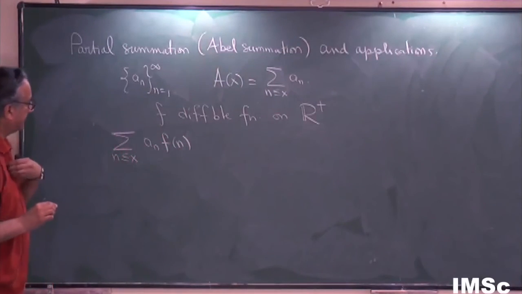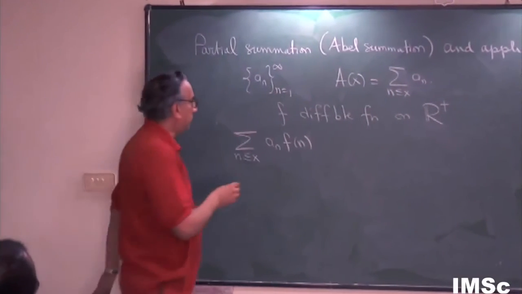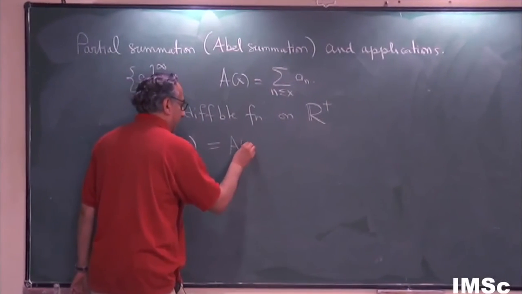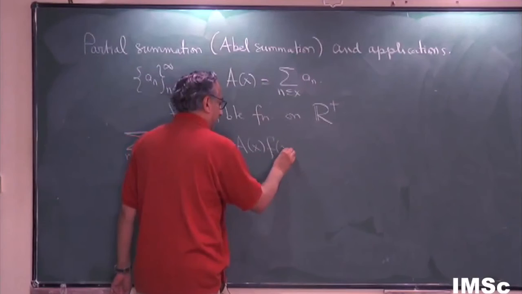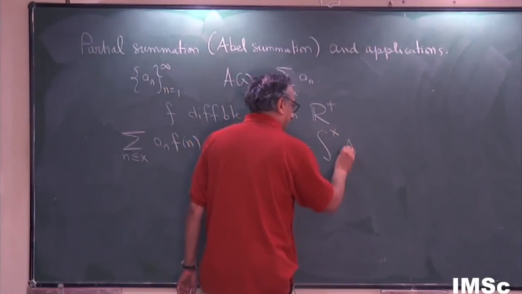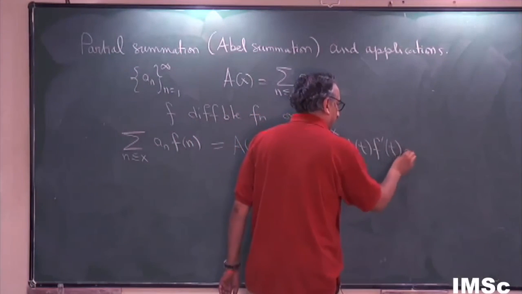A very elementary calculation shows that this is the same as A of x f of x minus the integral from 1 to x of A of t f prime of t dt.